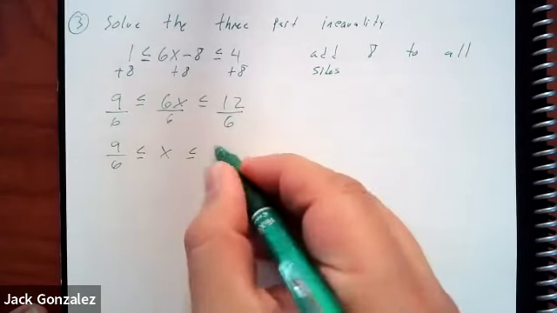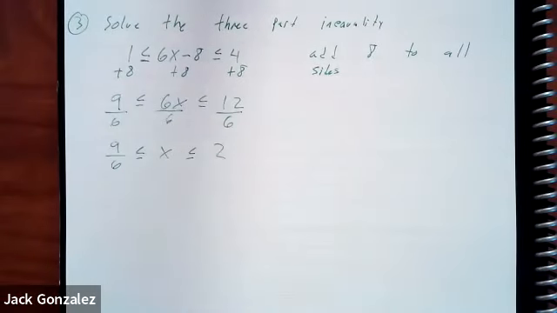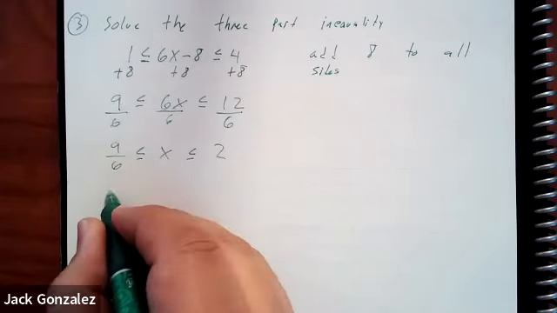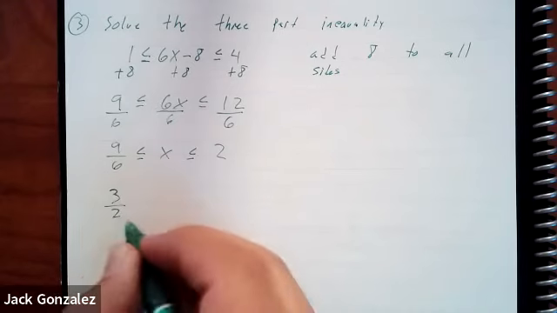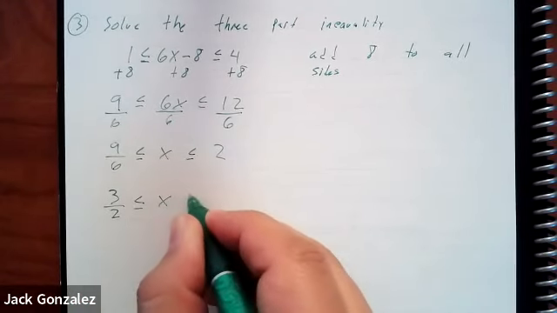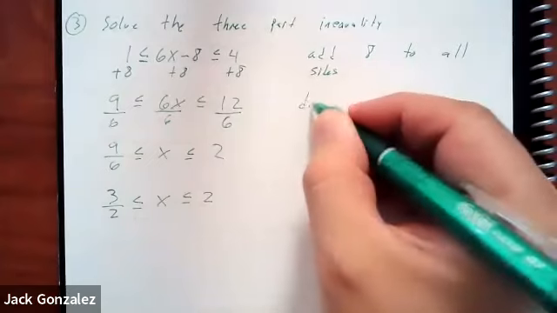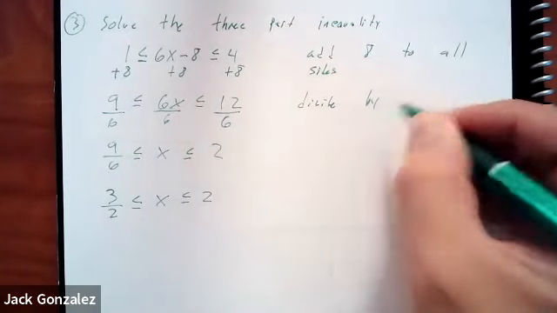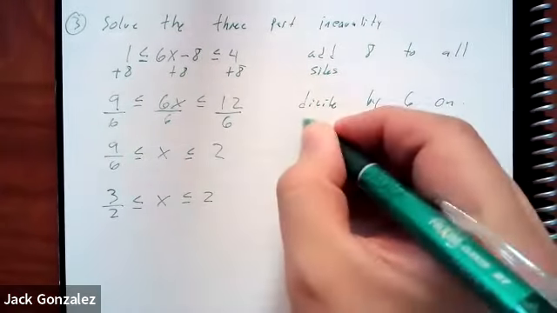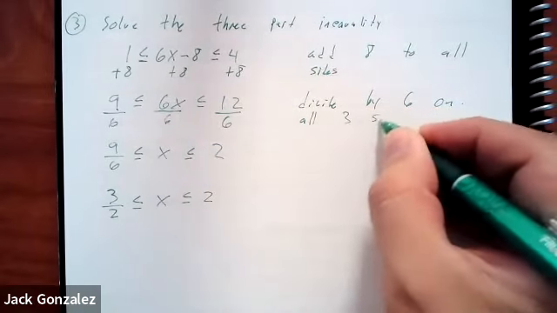But you get a decimal for the first one. Yeah, it's going to be a fraction. 9/6. What is that reduced? 3/2. Okay, so divide by 6 on all 3 sides.